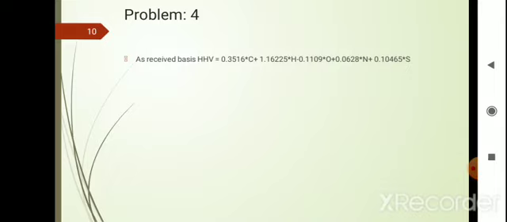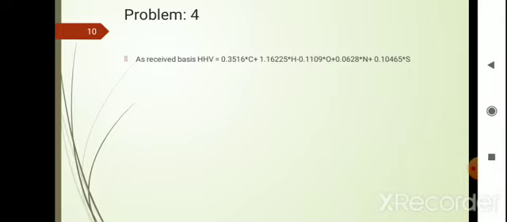The heating value on received basis, we can find using this equation: 0.3516 into percentage of carbon plus 1.16225 into percentage of hydrogen minus 0.1109 into percentage of oxygen plus 0.0628 into percentage of nitrogen plus 0.10456 into percentage of sulfur. So this is the empirical relation given in the question.